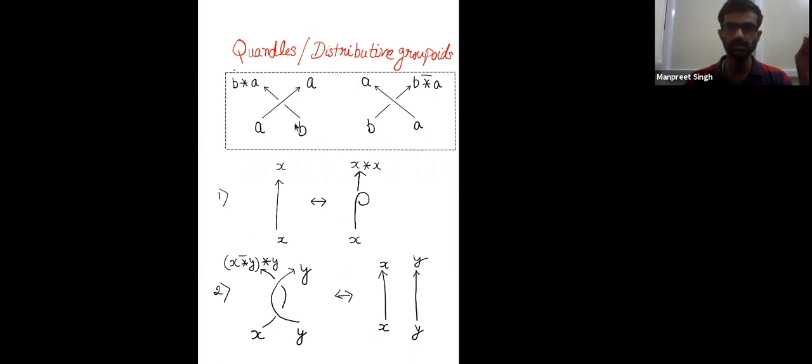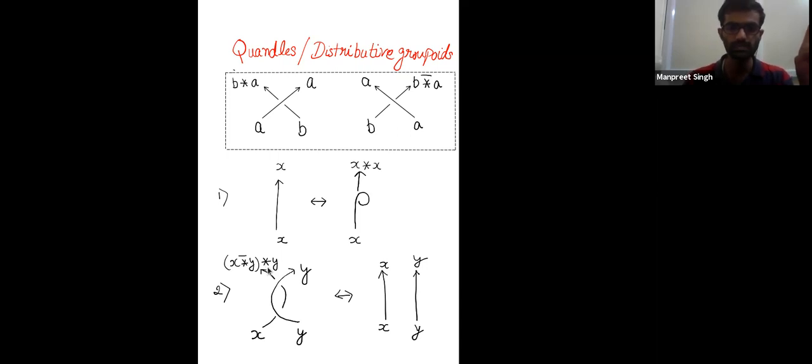If we want the set to be invariant under the Reidemeister moves, we need these conditions. If we apply the first Reidemeister move locally, this arc is say x. Then this kind of crossing gives x star x. If we want it to be invariant, we want that this x must be the same as x star x. Similarly, under the second Reidemeister move, if we have a labeling x and y and we apply the Reidemeister move 2, then the outcoming arcs are y and (x star inverse y) star y.